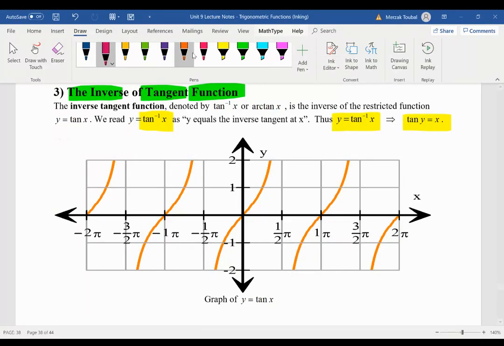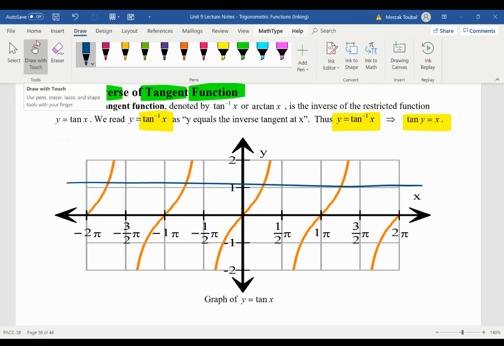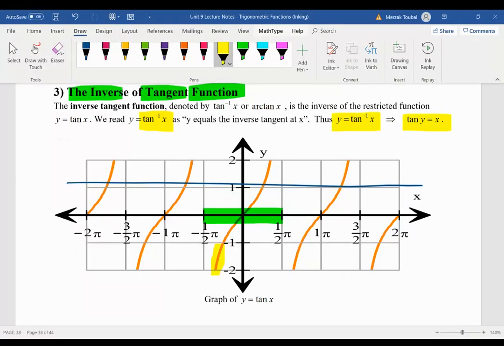Now, does this fail the horizontal line test? Yes, obviously. Do we need to restrict the domain? Certainly. So we're going to restrict the domain from negative pi over 2 to pi over 2. And that will include this curve.